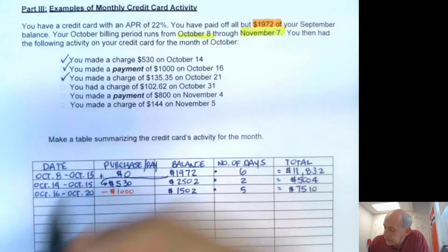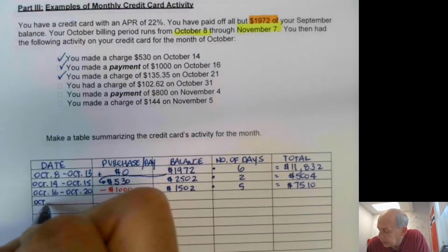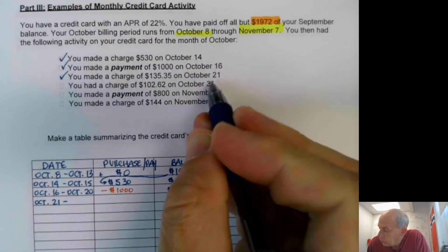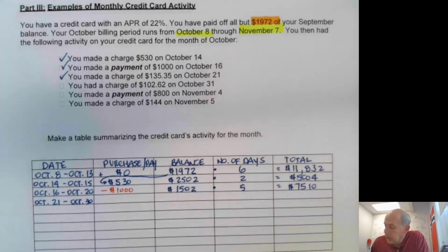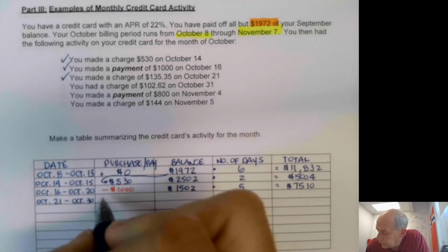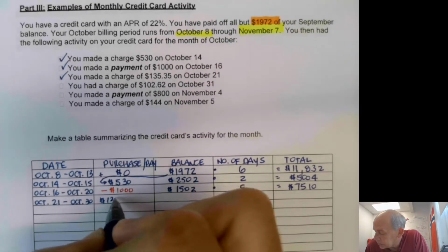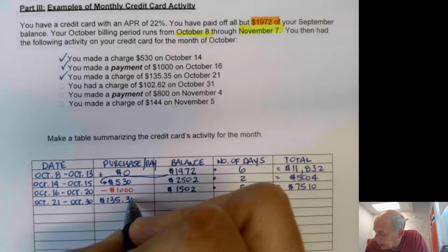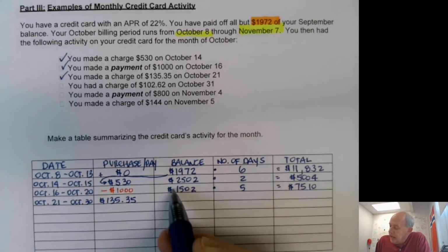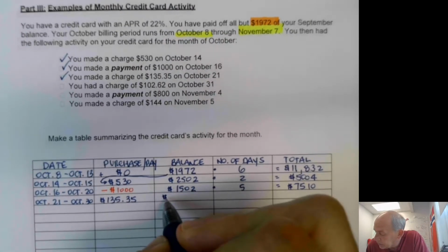Now, the next time we do something is on October 21st. We don't do anything again until October 31st. So between the 21st and the 30th as our next interval, we make a purchase of $135.35. That's going to increase my balance.